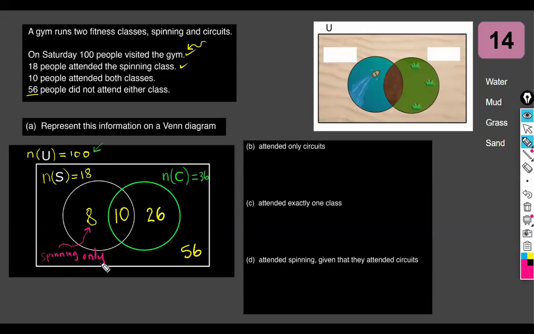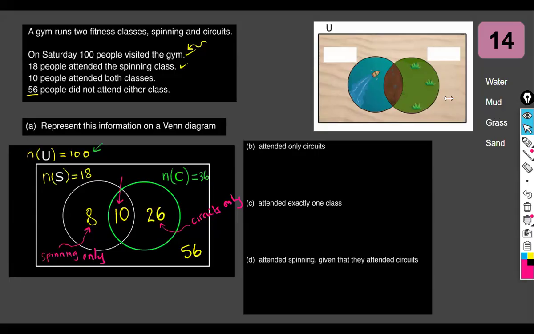They only do one of the exercises. And these 26 people here, they do circuits only. They do nothing else. So these 8 people only do one type of exercise, and these 26 people also do only one type of exercise. Only those 10 do both.